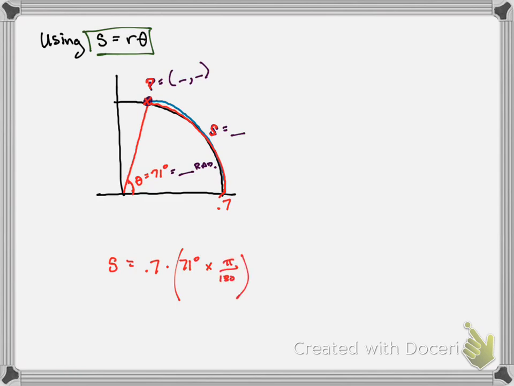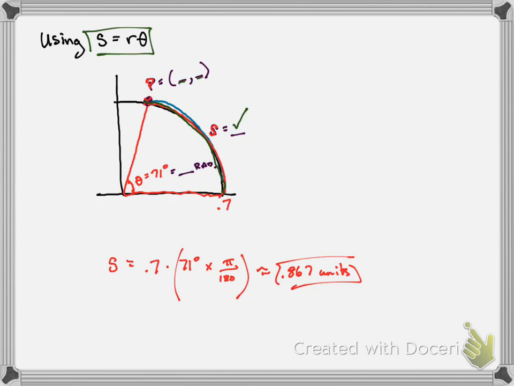I'll punch that in, and I'm getting approximately 0.867 units. In other words, this radius is 0.7, and this length right here, this span, is about 0.867 units. So we've solved for S, again rounding to 3 places.